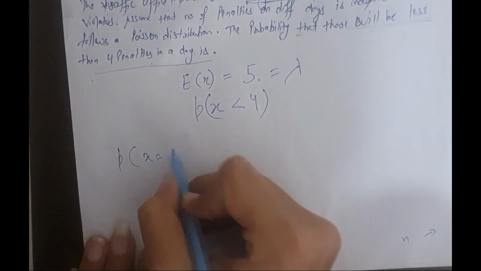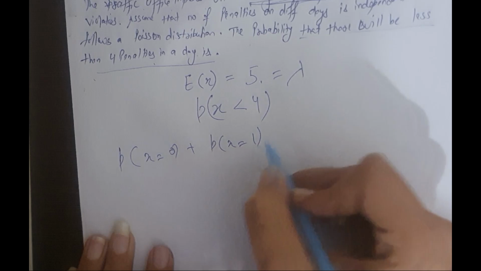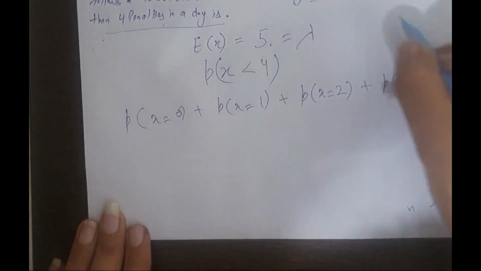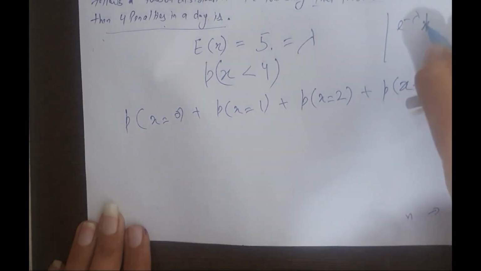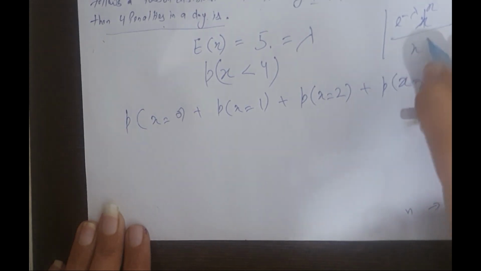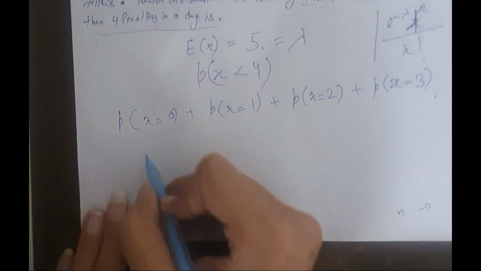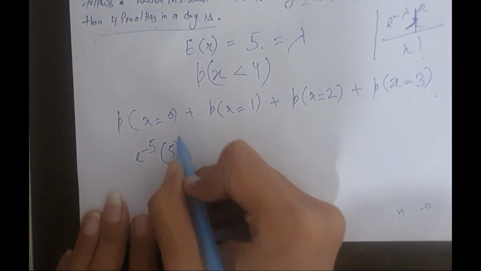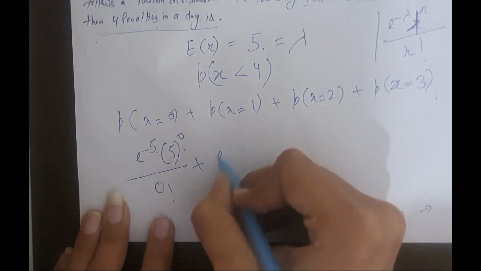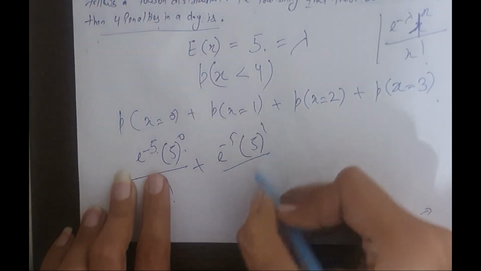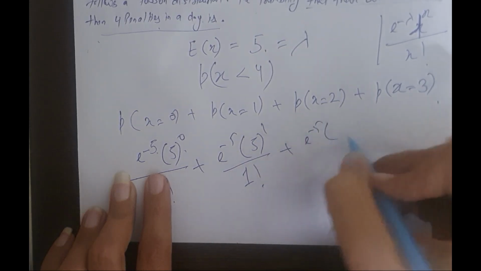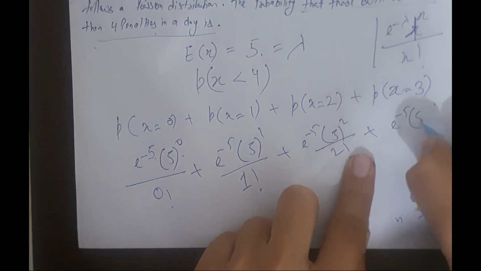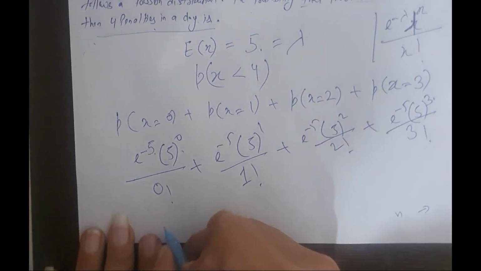So how do we find it? P(X equal to 0) plus P(X equal to 1), P(X equal to 2) plus P(X equal to 3). Now the formula is exponential minus lambda, where lambda is 5: 5 to the power 0 upon 0 factorial, plus 5 to the power 1 upon 1 factorial, plus 5 to the power 2 upon 2 factorial, plus 5 to the power 3 upon 3 factorial.